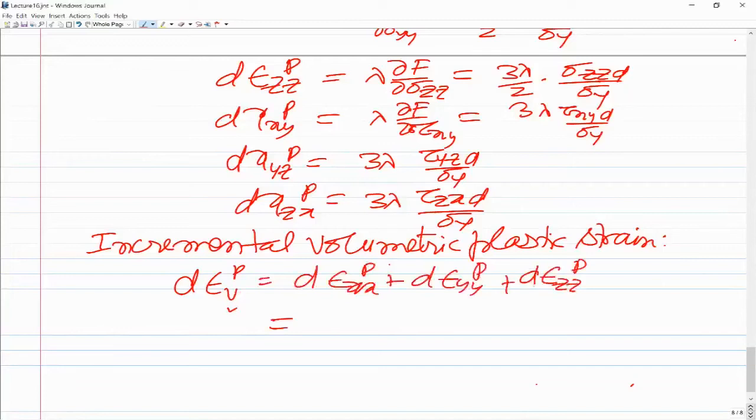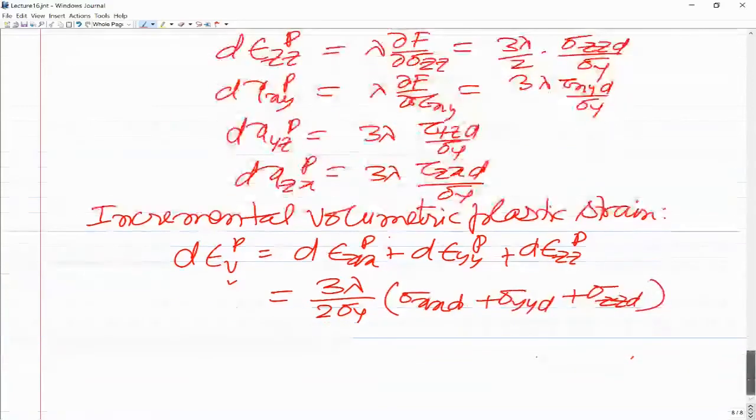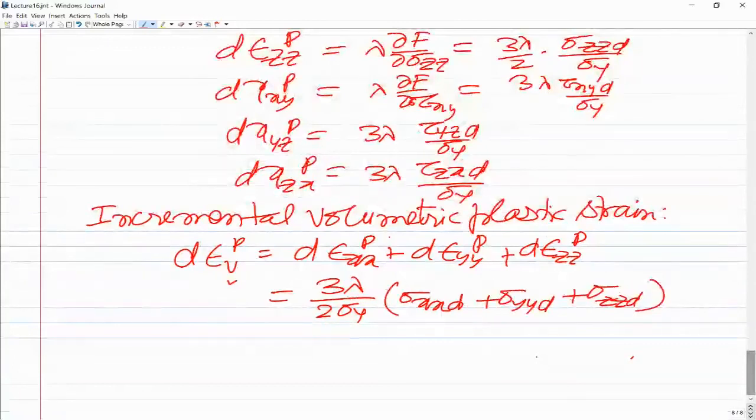Now if you substitute the expressions for d of epsilon xxp, d of epsilon yyp, and d of epsilon zzp, you can take 3 lambda upon 2 sigma y common, and what you will have inside is sigma xxd plus sigma yyd plus sigma zzd. As per the definition, the sum of these three is 0. So this is 3 lambda upon 2 sigma y into 0.